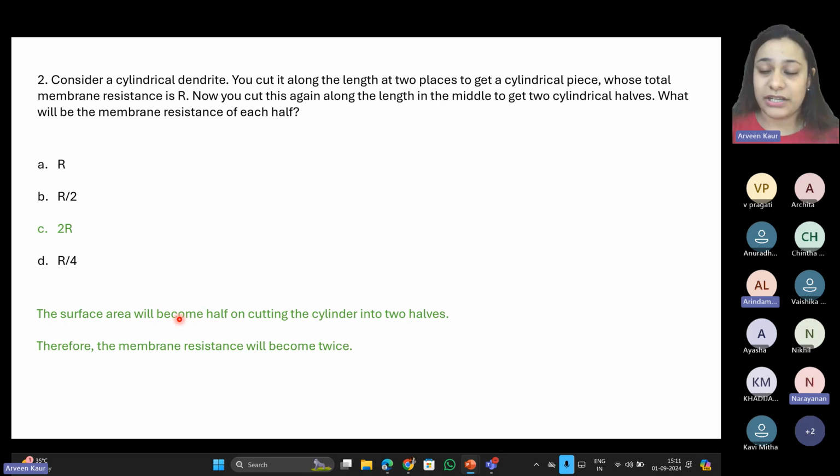Because it has less surface area now, you can think of it as if I had two cylinders fused into one, it would have a larger diameter, right? If it had a larger diameter, current would flow through it with lesser resistance.